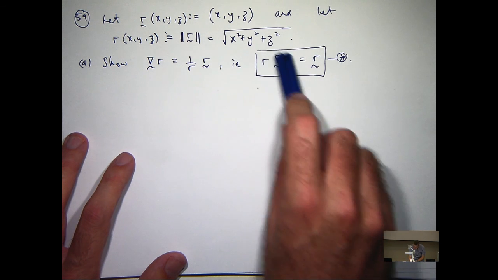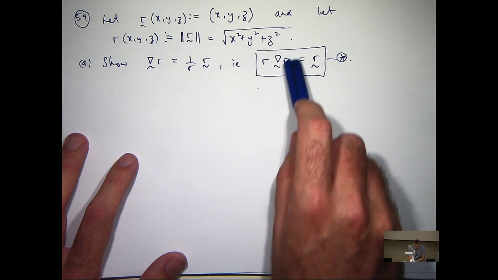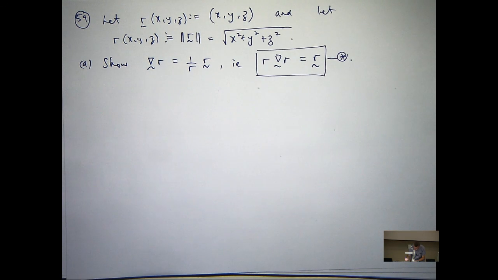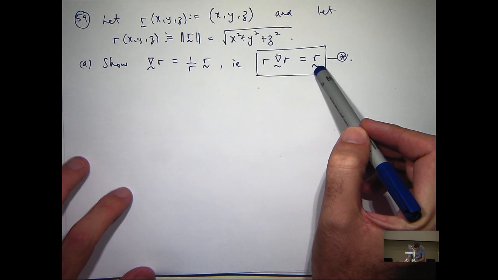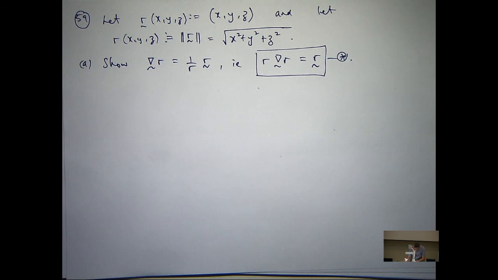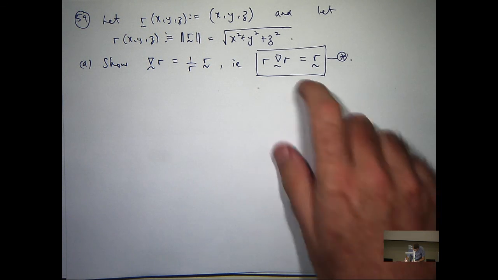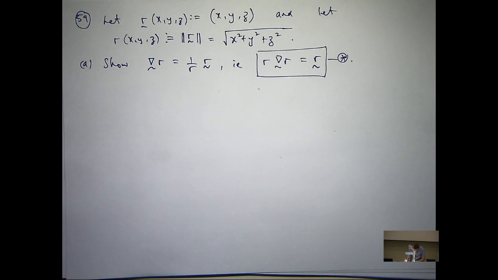So on the left, I've got a scalar times a vector, which is, what's that going to give me? A vector. And on the right-hand side, I've got a vector. So the equation certainly balances in terms of vectors versus scalars. But let's see if we can actually prove this. I'm just going to work with the left-hand side and show that it equals the right-hand side.